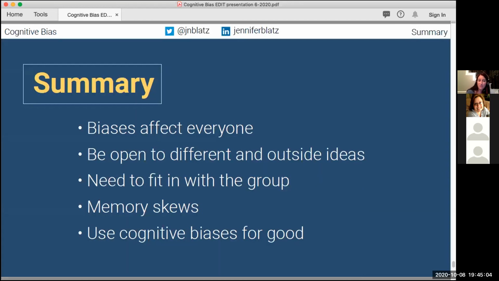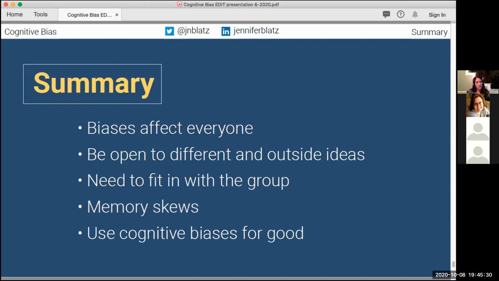Okay, to conclude, I want to revisit a few of the major points we talked about today. We talked about how biases affect everyone, like the blind spot bias, and how we need to be careful when we're acting as a researcher not to lead the witness. We talked about the need to avoid things like the Semmelweis effect and be open to different and outside ideas.